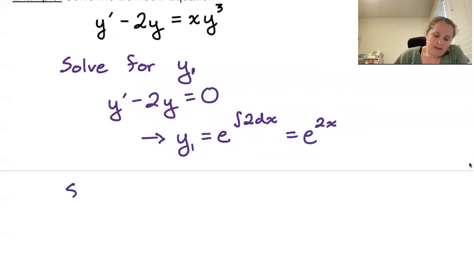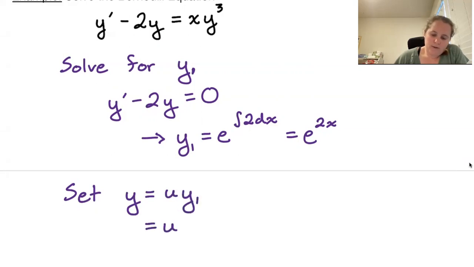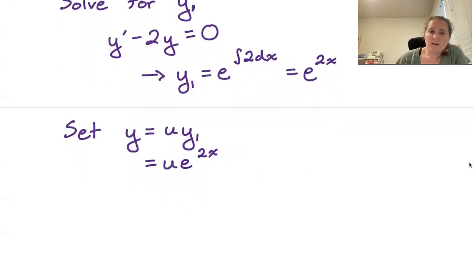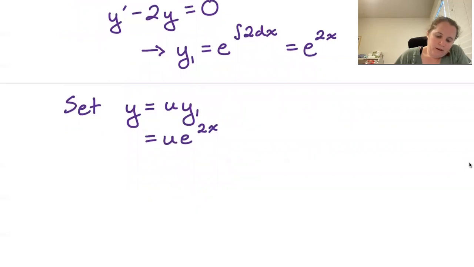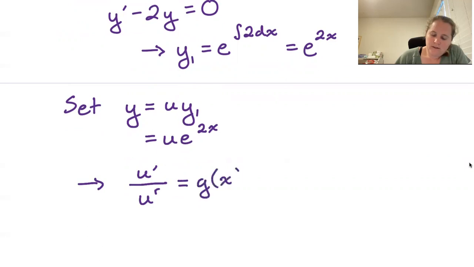Then if we set y equal to u times y1, we are looking at y is equal to u times e to the 2x. We know that u prime over u to the r is equal to g of x times y1 to the r minus 1.